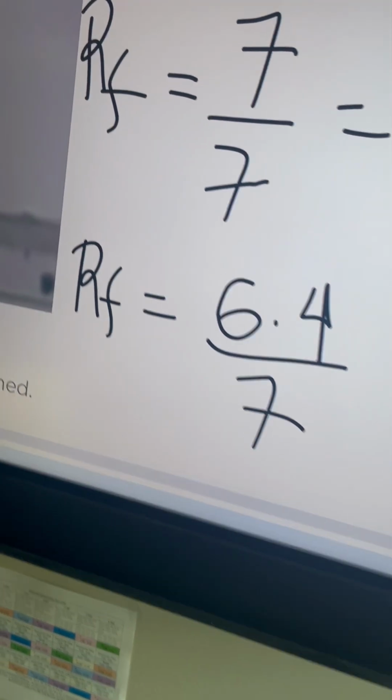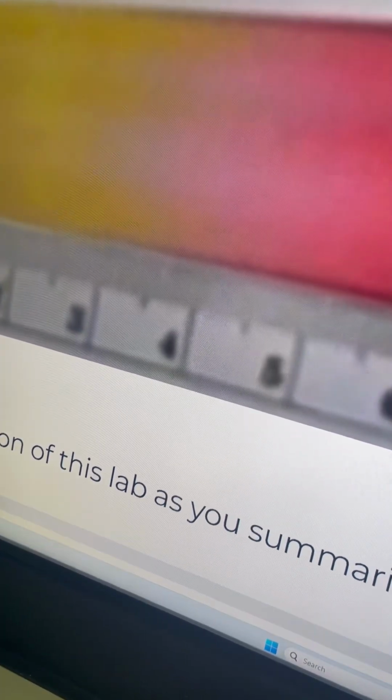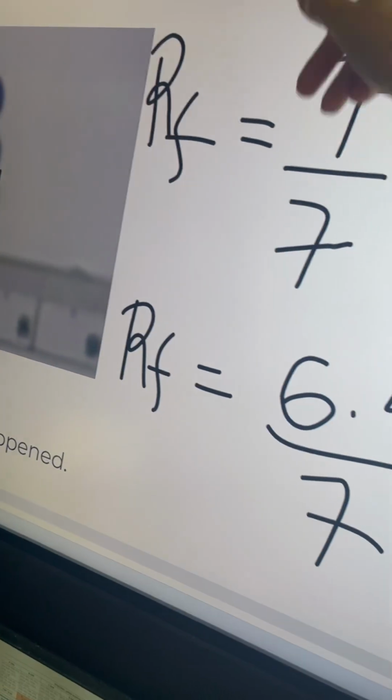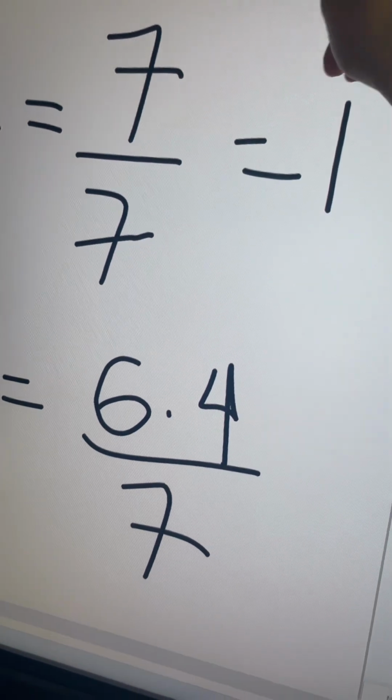And then what about the yellow ink in this case? How much? 3.5. So that's what you're calling it, right? Yes. And then the retention factor will be 3.5 divided by 7.